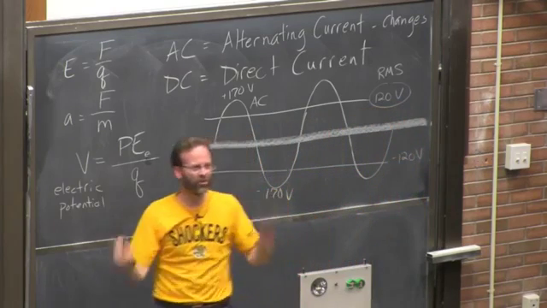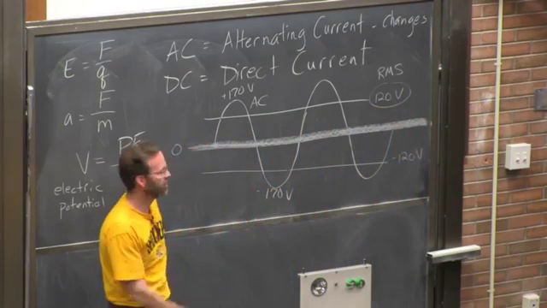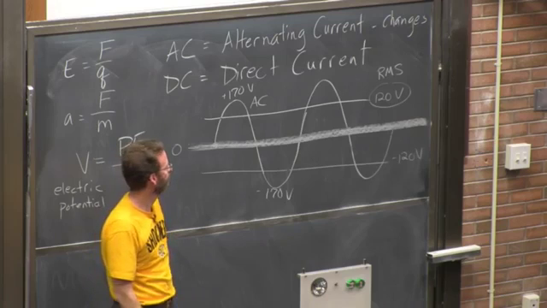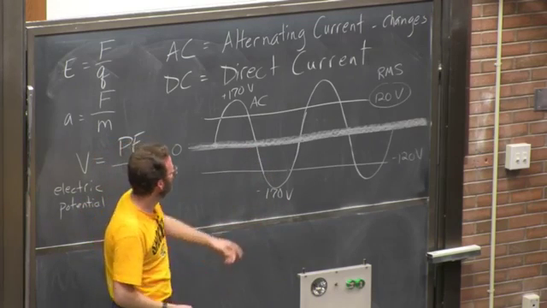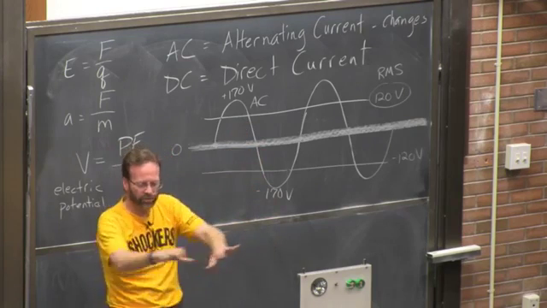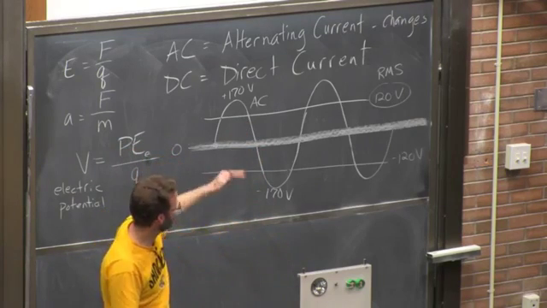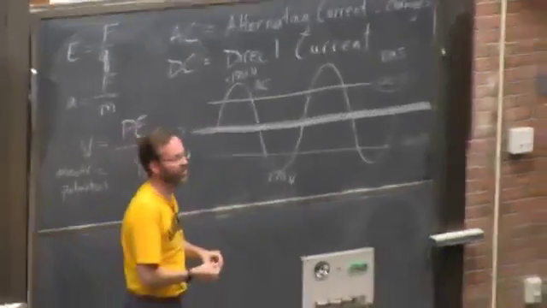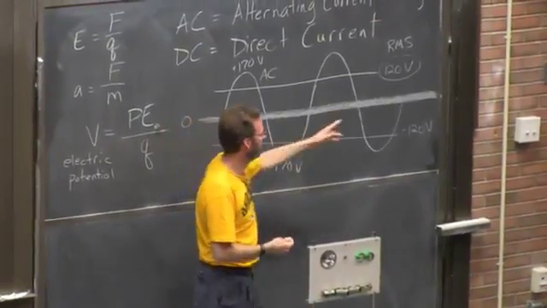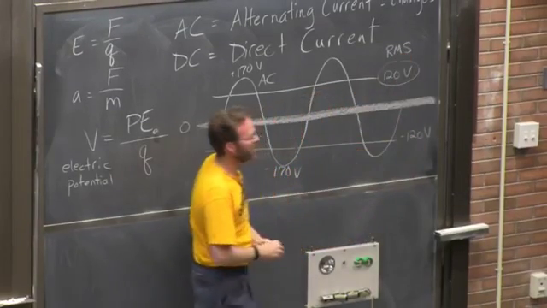So we use this thing called root mean squared, RMS, which is 120. If we were to do all your electrical calculations at 120 volts, you'd get the same values when you do things if this was DC at 120. It's one reason they chose RMS, to how it works out.